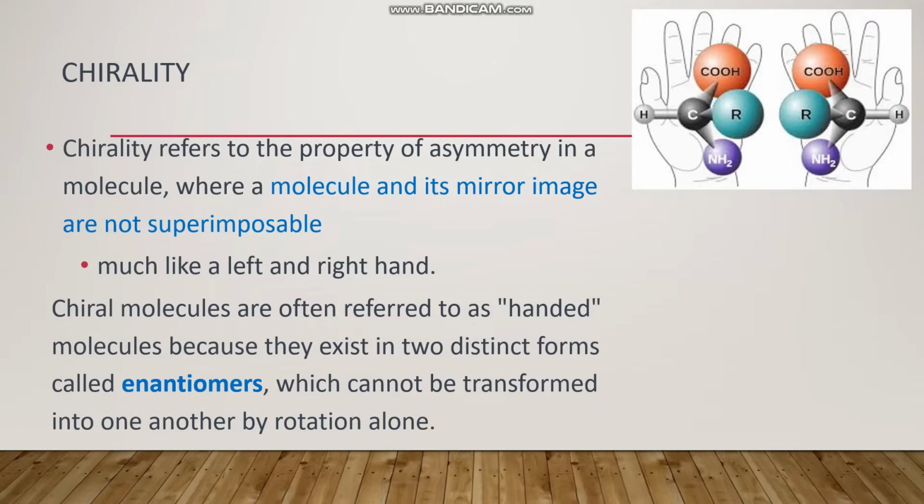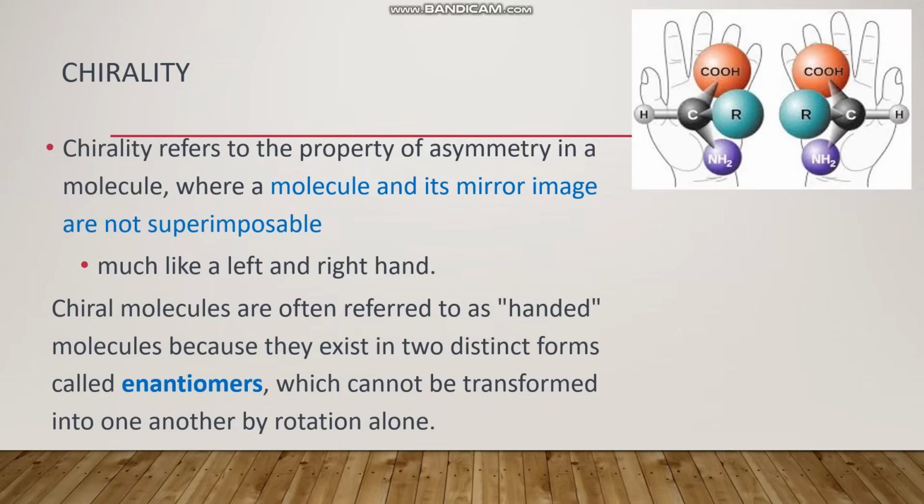If we see one of our hands in the mirror, the other hand of ours is exactly the same as that shown in the mirror. So our left hand and right hand are mirror images of each other, but when we place one hand over another, the two hands are not superimposable. They do not match with each other.